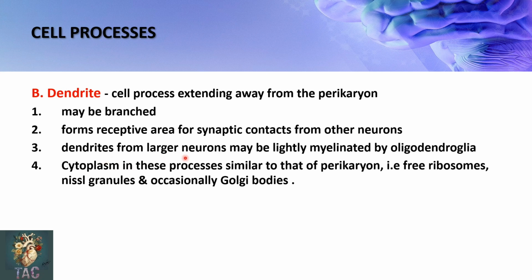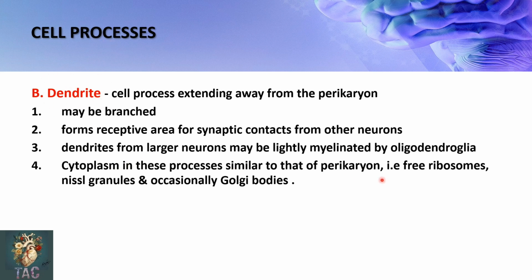Dendrites from the larger neurons may be lightly myelinated, but usually they are unmyelinated. Cytoplasm in these processes is similar to that of the perikaryon, that is free ribosomes, Nissl granules, occasionally Golgi bodies present. So this is a very important point to differentiate on electron microscopy between the dendrite and the axon.